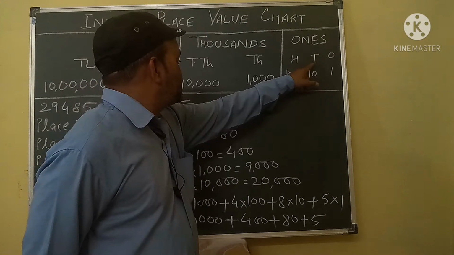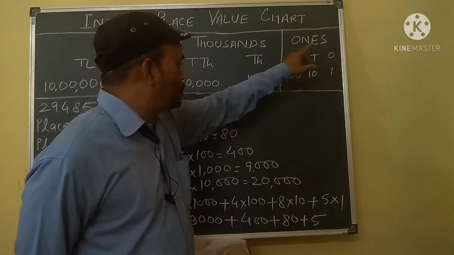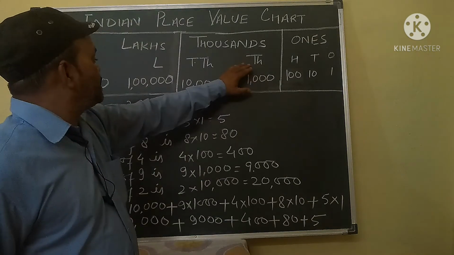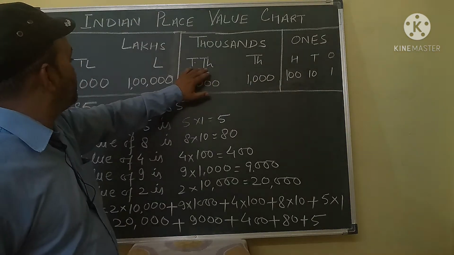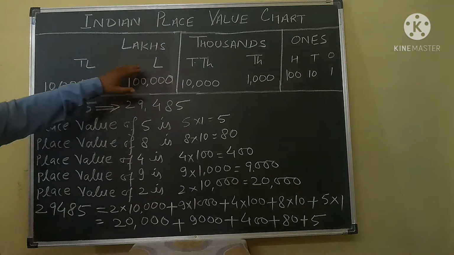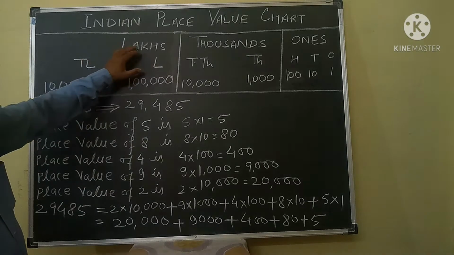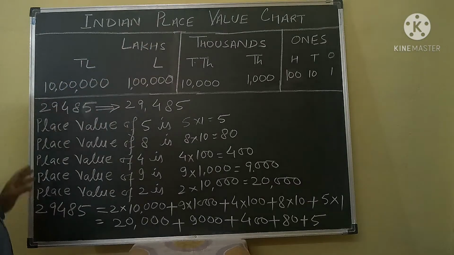Ones, tens, and hundred will come in the ones group. Thousand and 10,000 will come in the thousand group. Lakh and 10 lakh will come in the lakhs group, and so on.